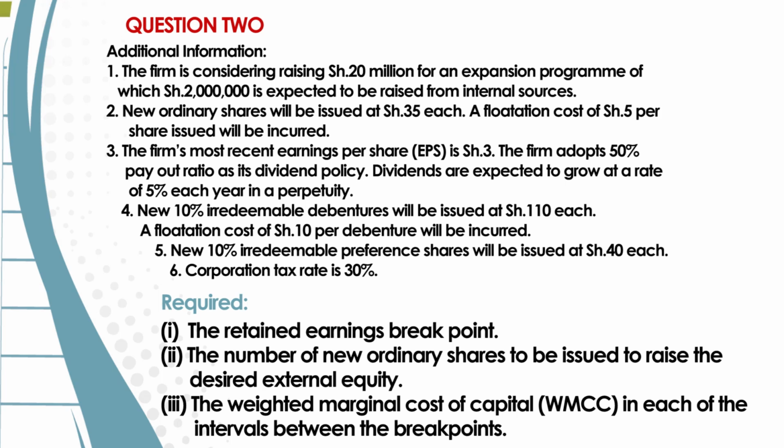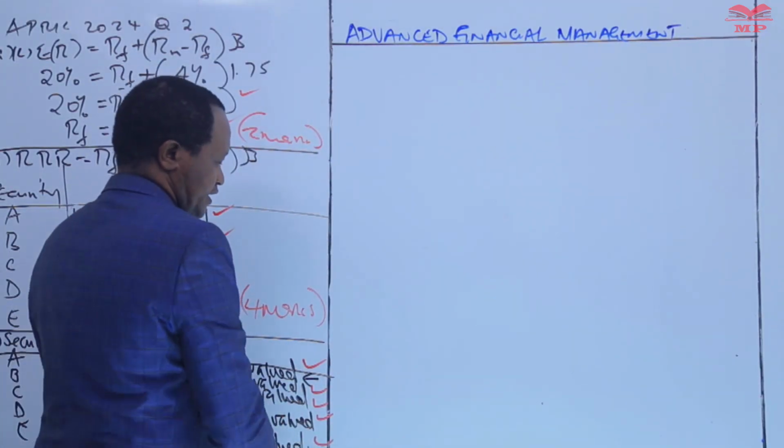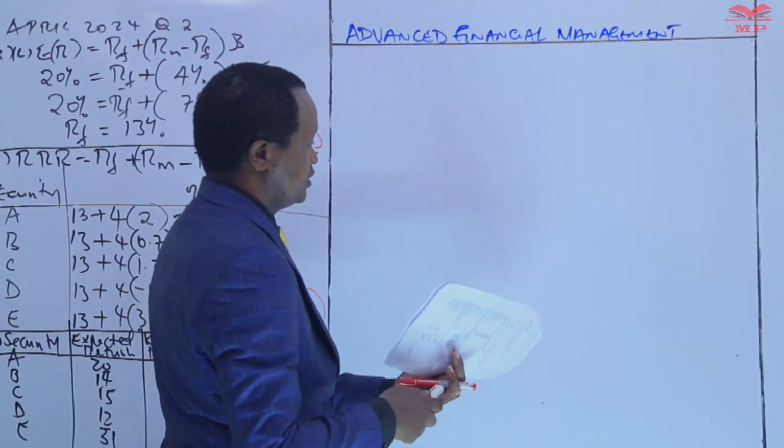So that is B. Retained earnings breakpoint. That is the question.